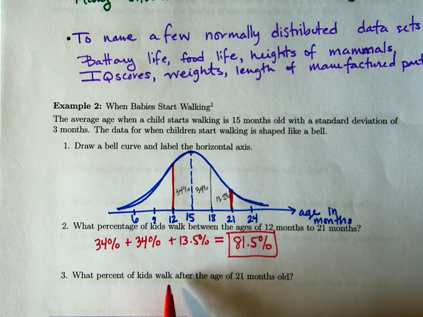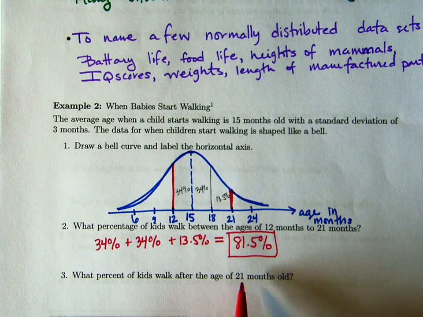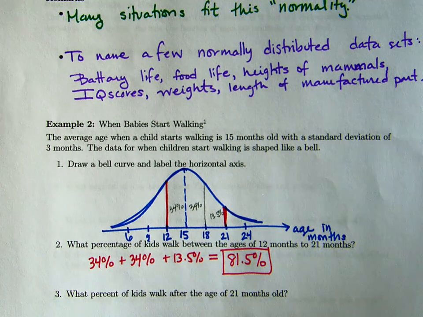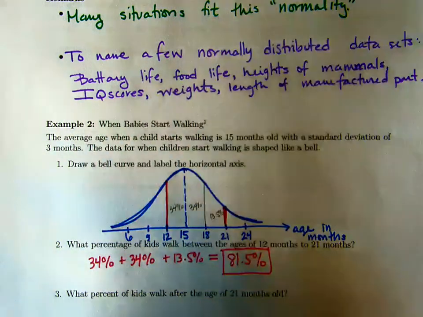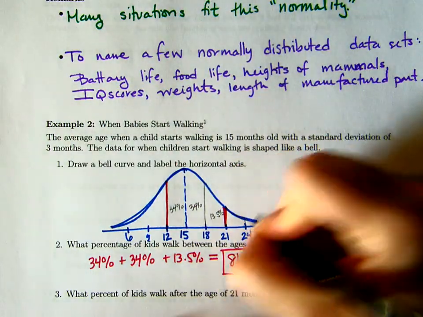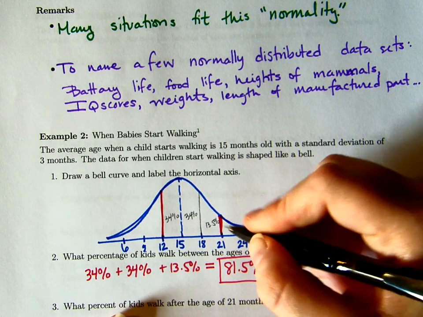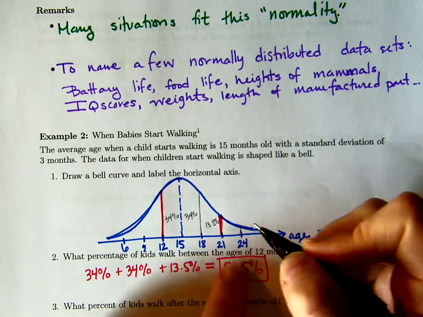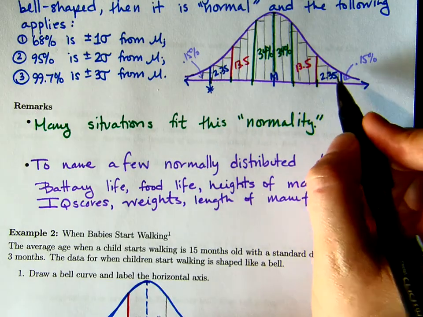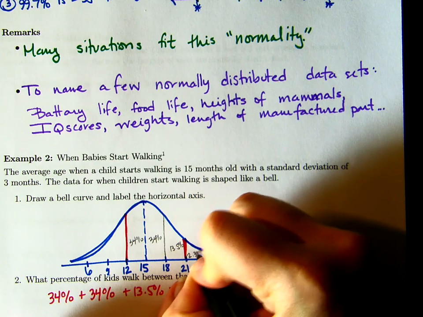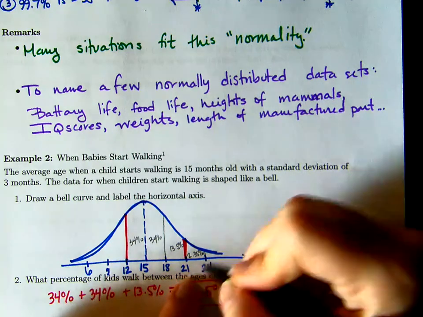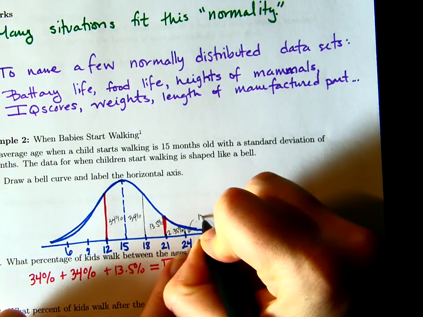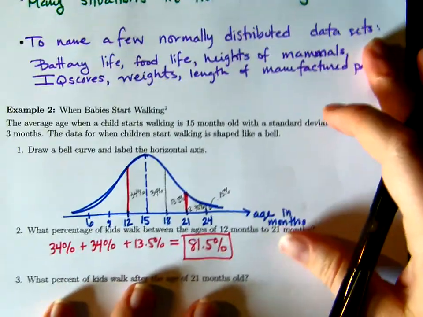What percent of kids walk after the age of 21 months old? Oh, so I'm looking up here because that's where they're older. So this is 1 standard deviation away, 2 standard deviations away, then it looks like we have 2.35% between 2 to 3 standard deviations and 0.15% older than that.